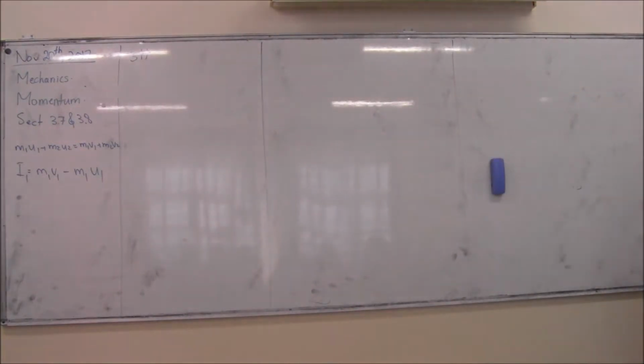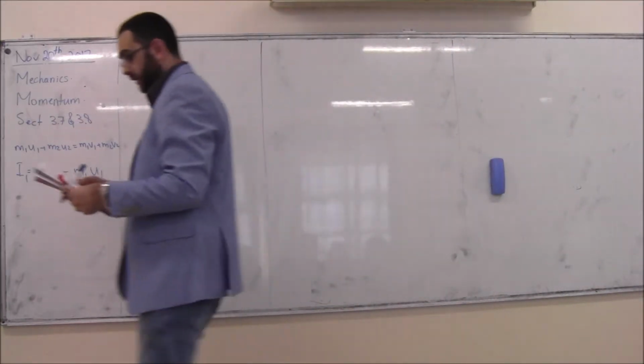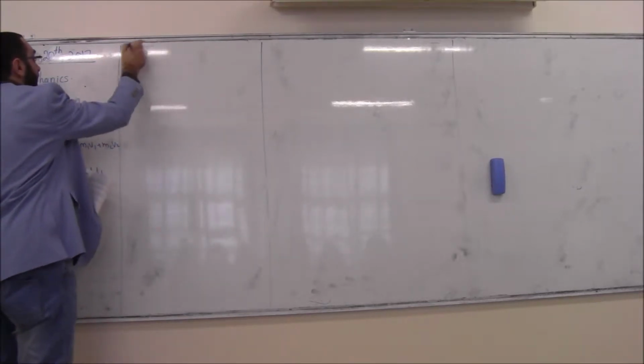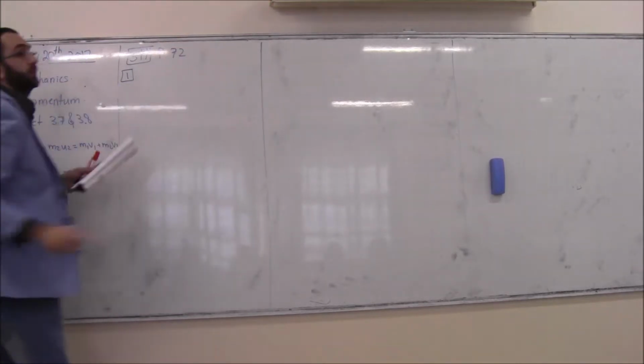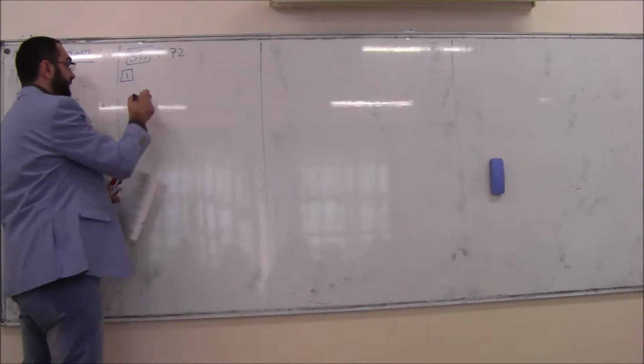Okay, guys. Look to 3H, question 1, page 72. A particle P of mass 2 kilograms is moving on a smooth horizontal plane with a speed 4 meters per second. It collides with the second particle Q of mass 1 kilogram, which is at rest.